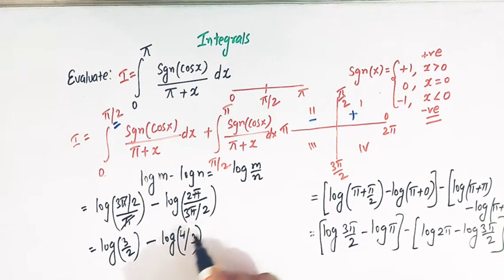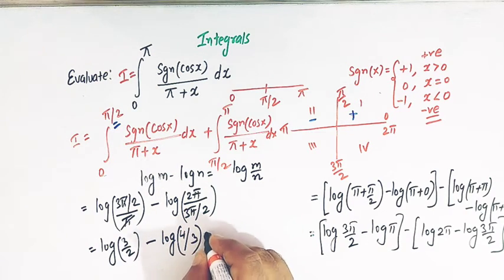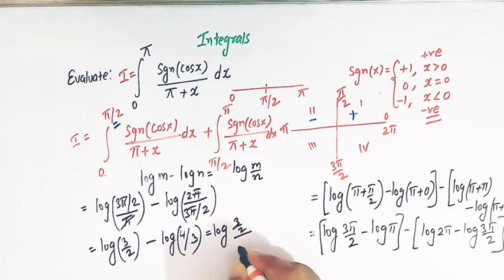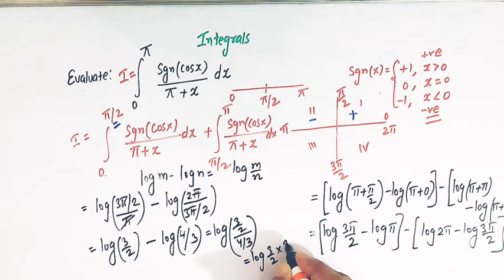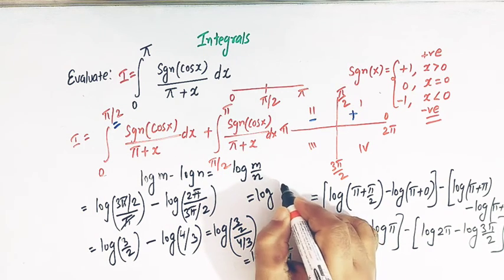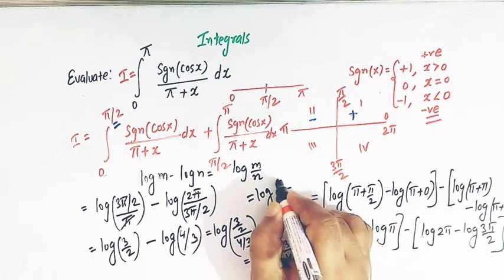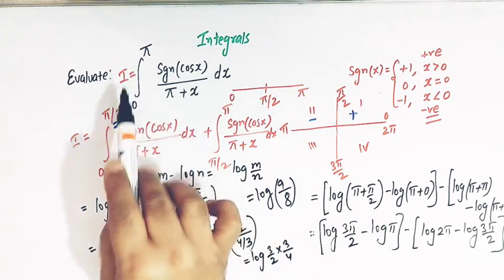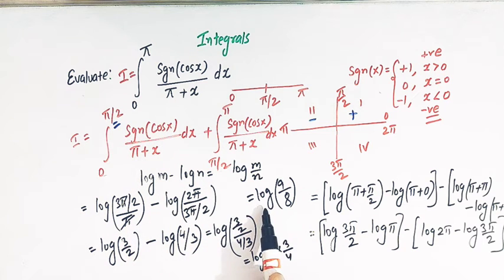Applying the property again, we have log of 3 over 2 divided by 4 over 3, which is log of 3 by 2 multiplied by 3 over 4. So this is log of 9 over 8. So viewers, the value of this integral is equal to log of 9 over 8.